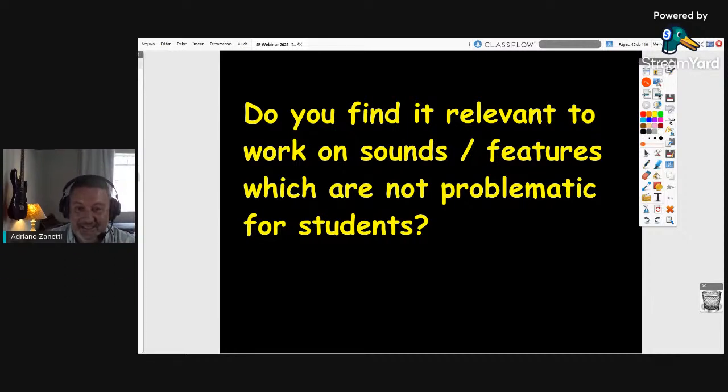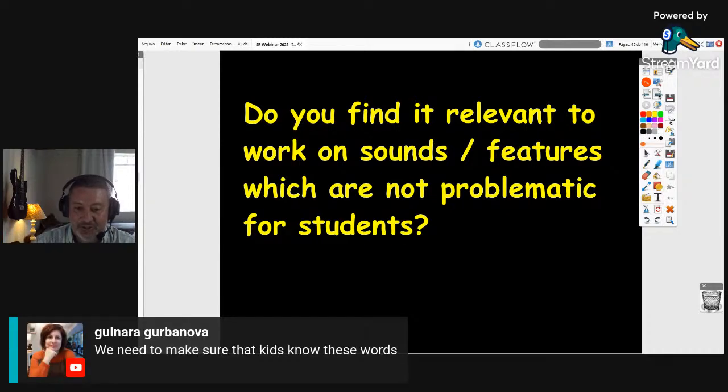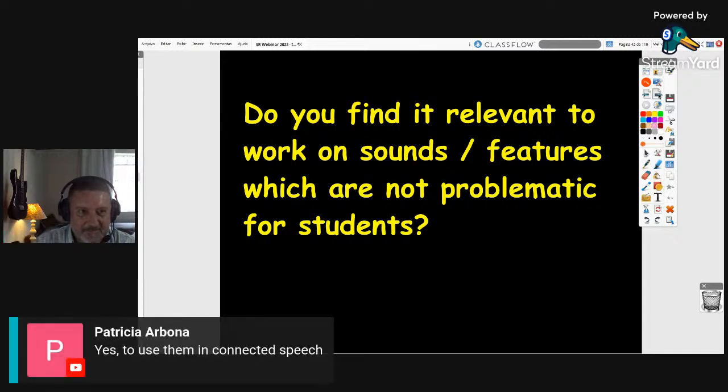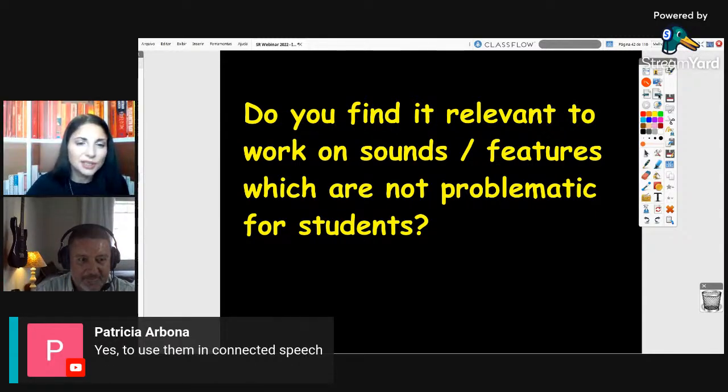My idea is simply that the sounds which are part of our own language, or which are non-problematic, will lend themselves to consolidation. And I think you read that somebody said something about connected speech. Is that right? Yeah, it was Patricia. She says to use them in connected speech. Yes.